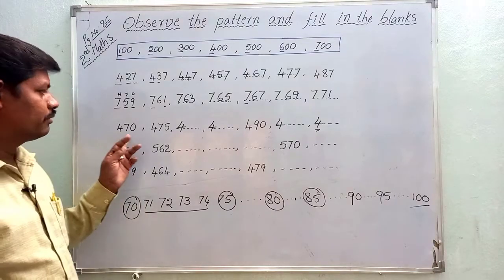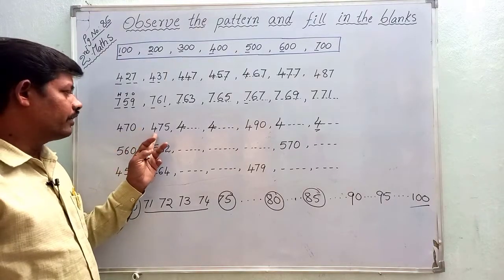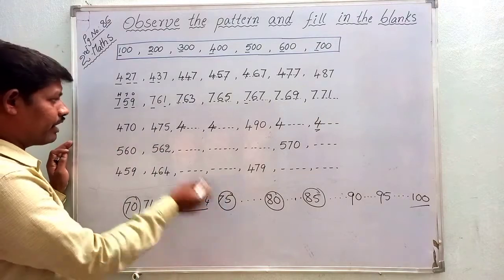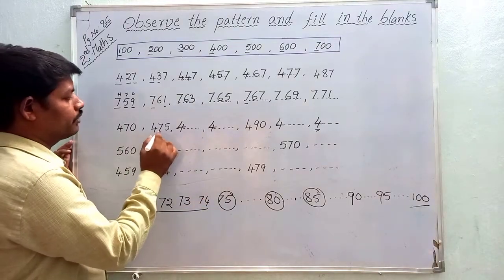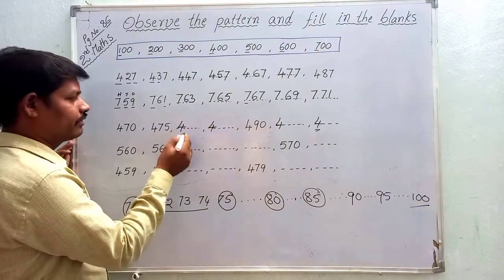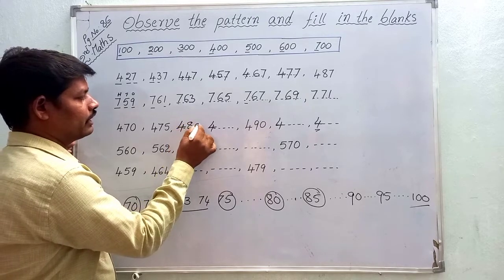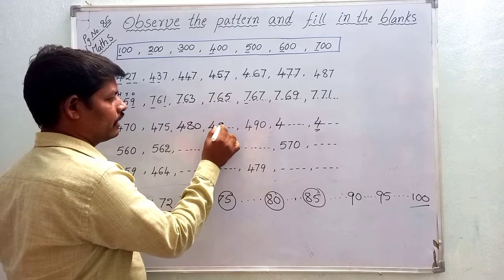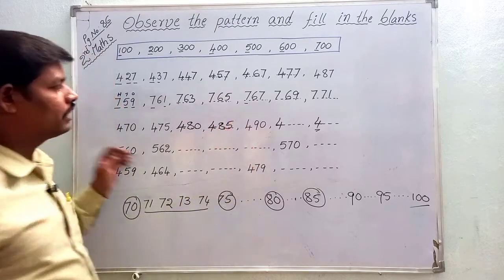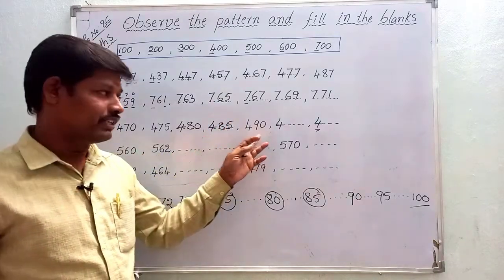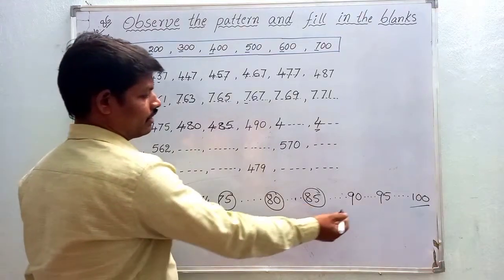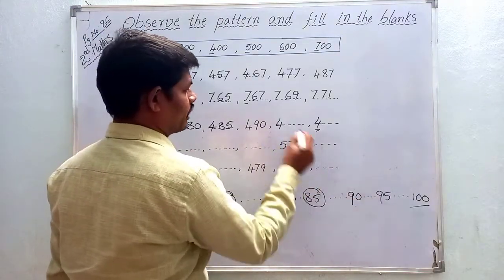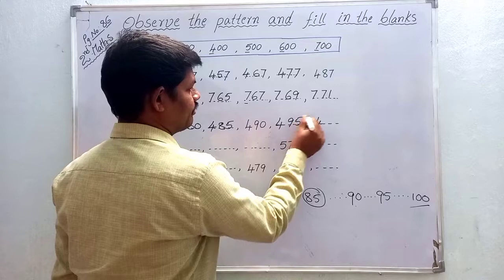470. Next 475 is taken, and 475 plus 5 is 480. And the next one, 485. Next 490. Next 495.